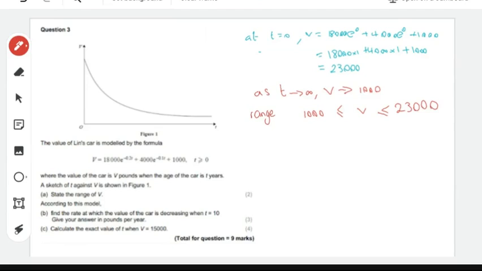What were you gonna say? It says t is greater than or equal to 0, but I don't know how that helps. That's what it says next to the equation, but I don't think that helps. Yeah, because when it's 0, that's when we get its value of 23,000. But how did we get that 1,000?